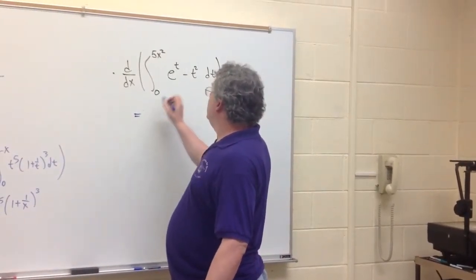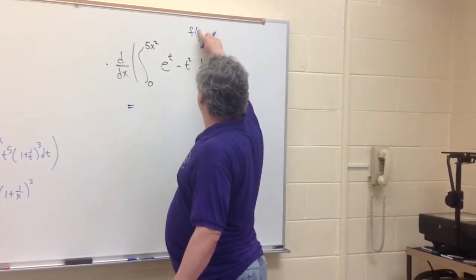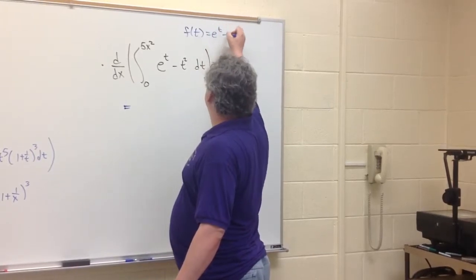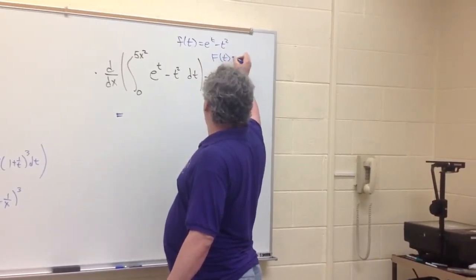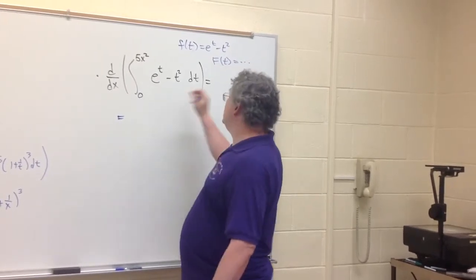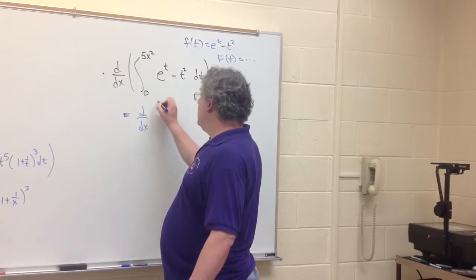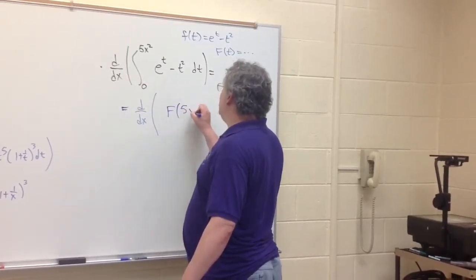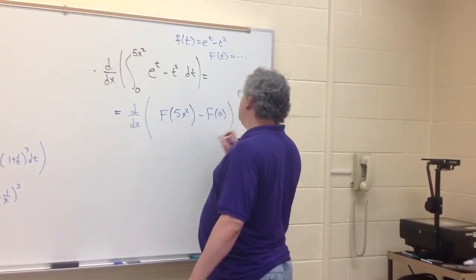If little f of t is e to the t minus t squared, then the antiderivative, well, we don't really need to know what it is, but whatever it is, it's the antiderivative there. So we want d dx of the antiderivative at 5x squared minus the antiderivative at 0.